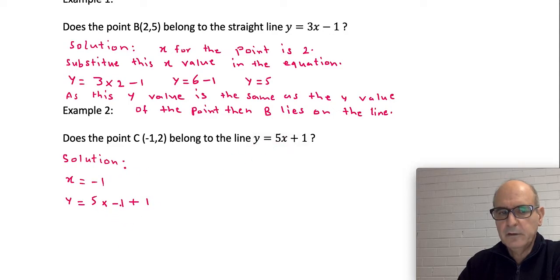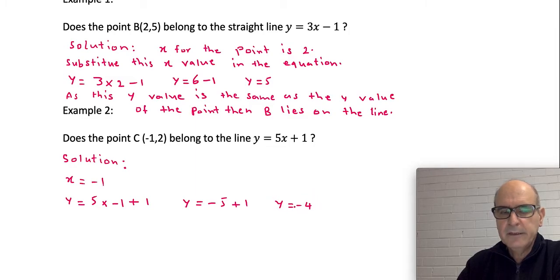So 5 times minus 1 plus 1. Then that gives me y equal to 5 times minus 1 is minus 5, then plus 1. And minus 5 plus 1 is equal to minus 4. So that equation gave me y equal to minus 4.